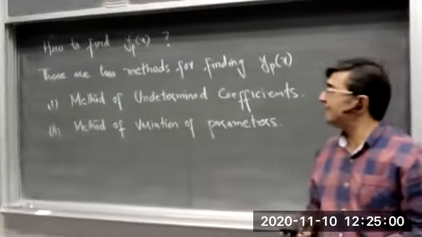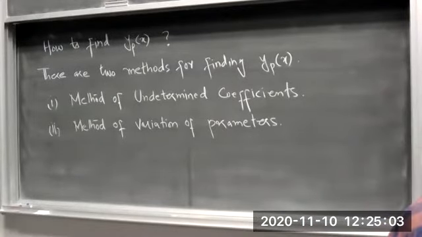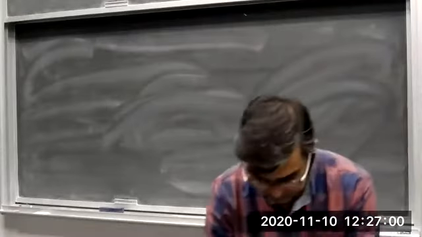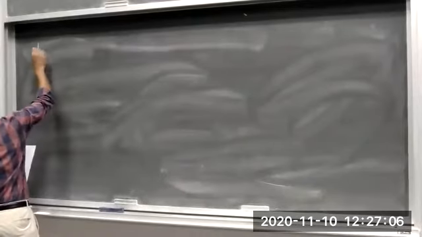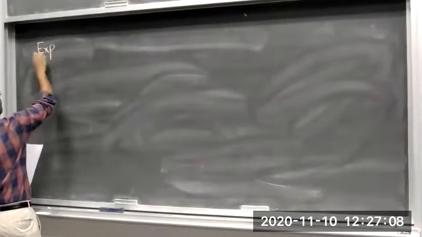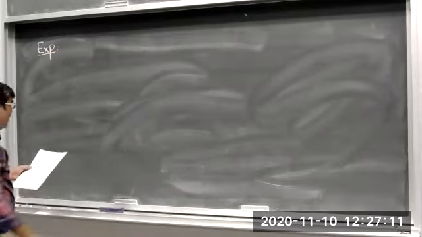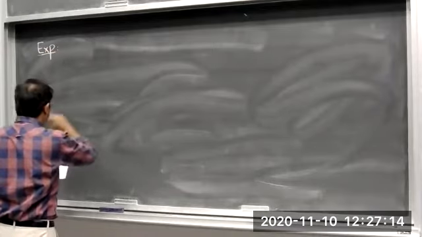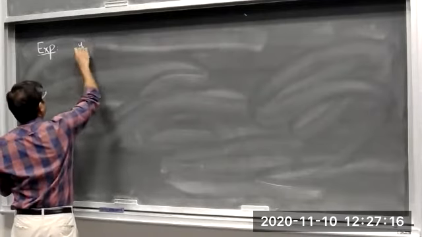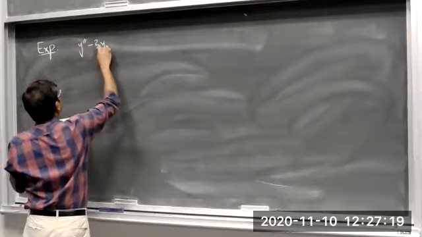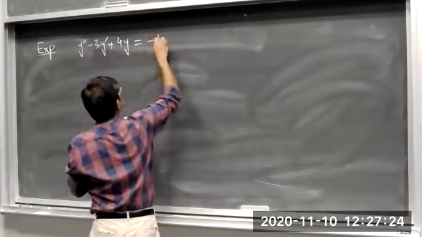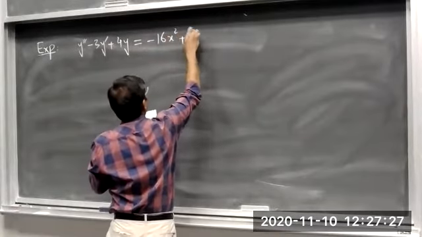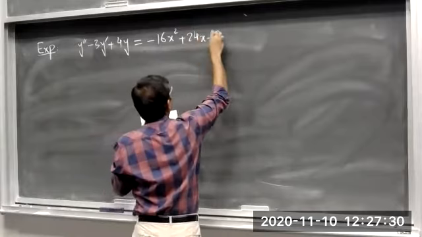For example, let us discuss an example of this thing. Now, let us assume that if I have a differential equation, for example, this one, y double dash minus 3y dash plus 4y is equal to minus 16x squared plus 24x minus 8.